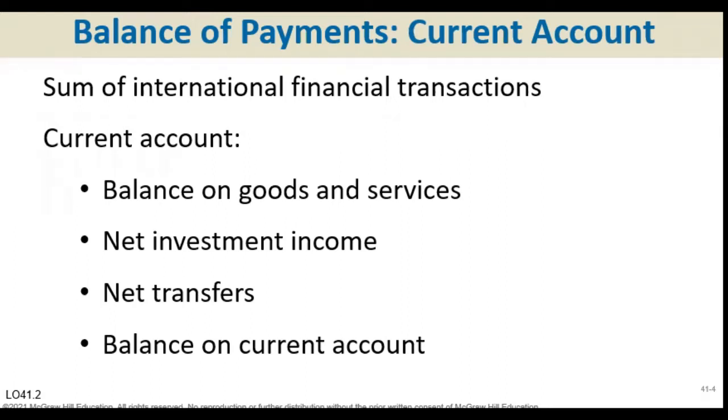The net transfers include foreign aid, retirement funds paid to U.S. citizens living abroad, and the money that immigrants send back to their native countries. So in 2015, that was a negative balance of 136 billion. We will look at the statement in the next slide.